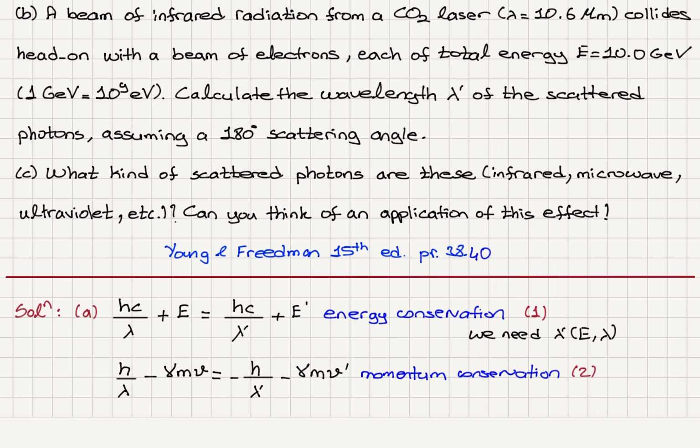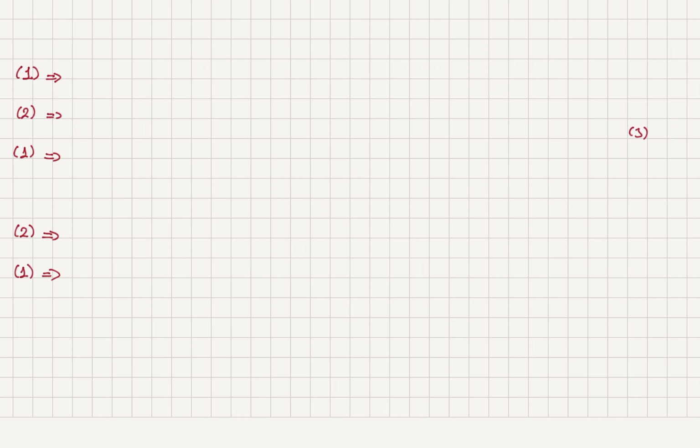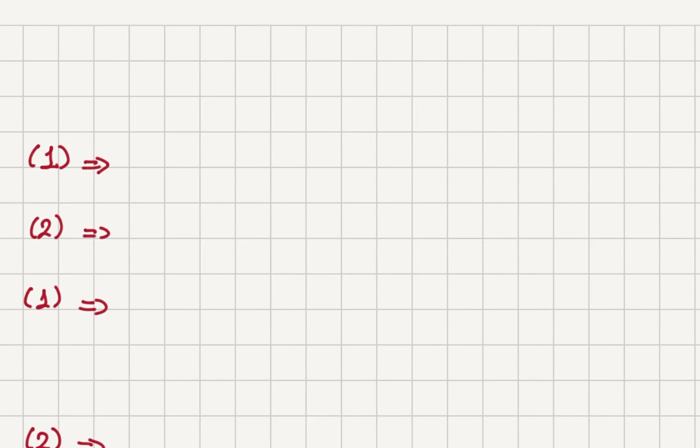All right, and let's call the incoming photon momentum p, which is h over lambda, and the scattered photon momentum p prime, which is h over lambda prime.